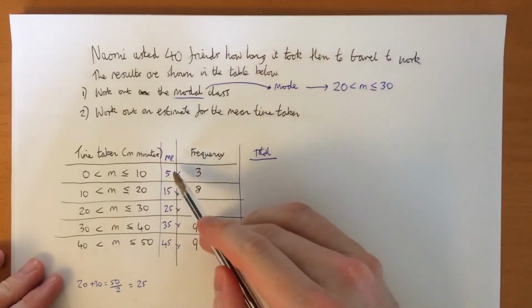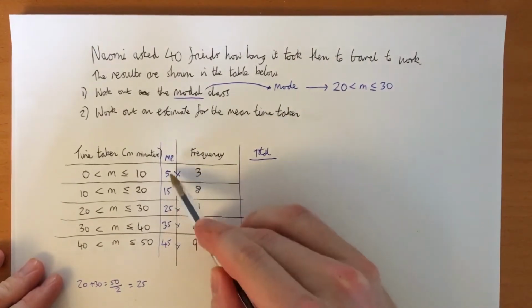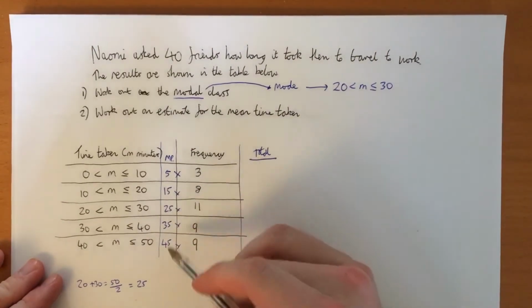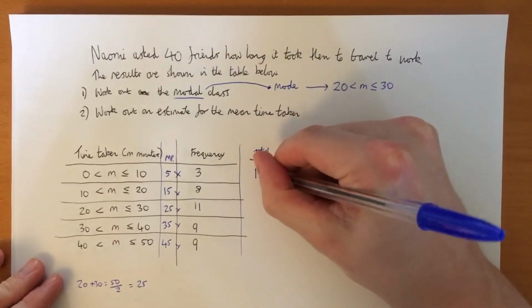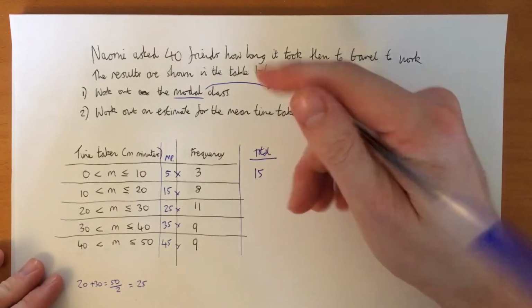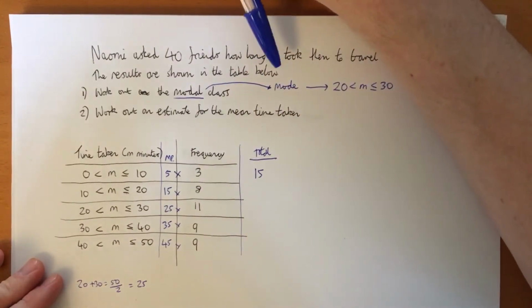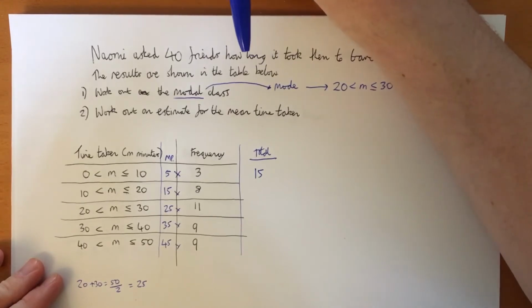Because we've now created defined numbers from these categories. So 5 times 3, so that represents 15 minutes. 15 times 8, my brain's gone a bit slow here. I think it's 120, sorry, but we'll see.